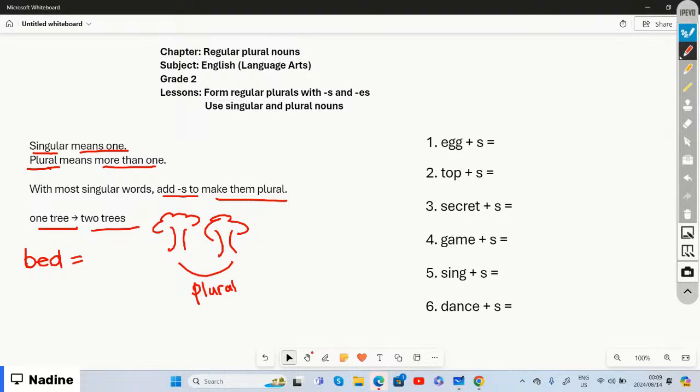Yes, we have one bed, but if we want to make mention of two of them, we say we have two beds. Yes, well done.